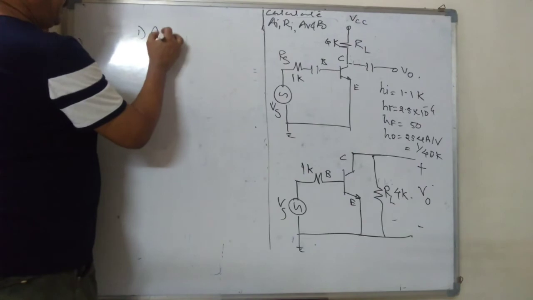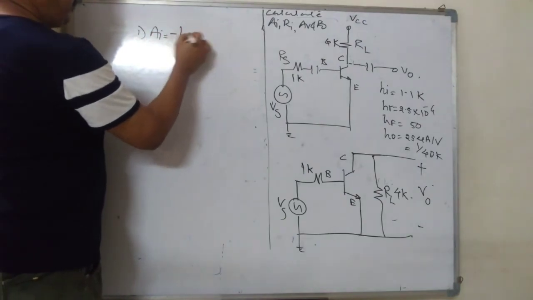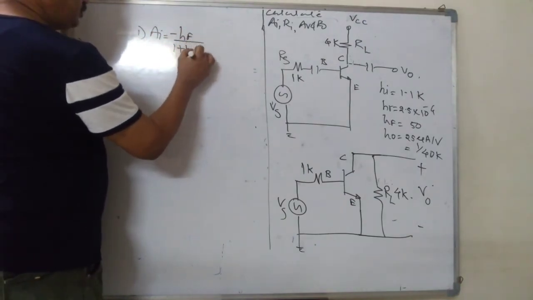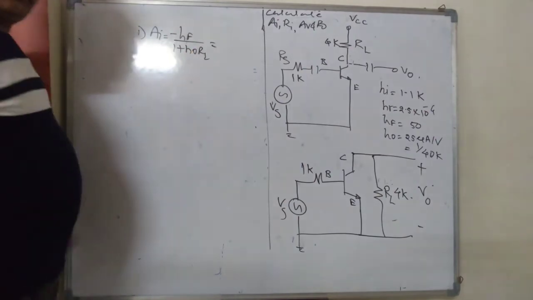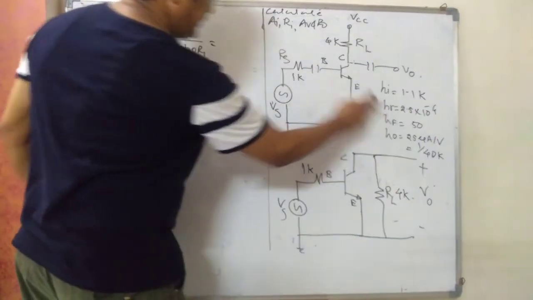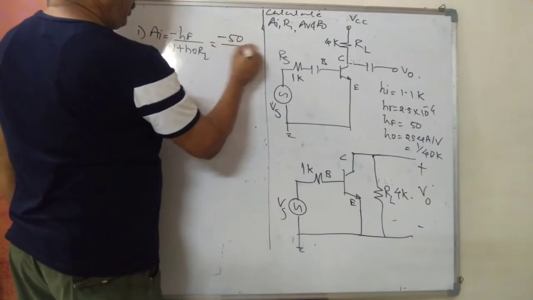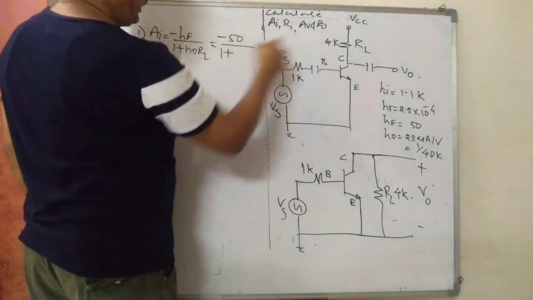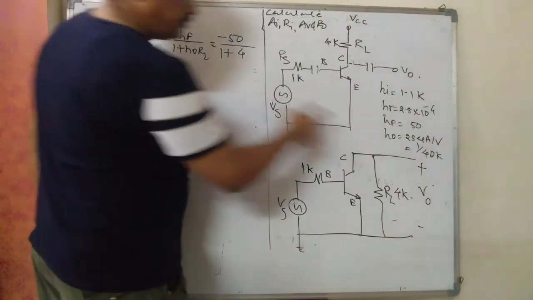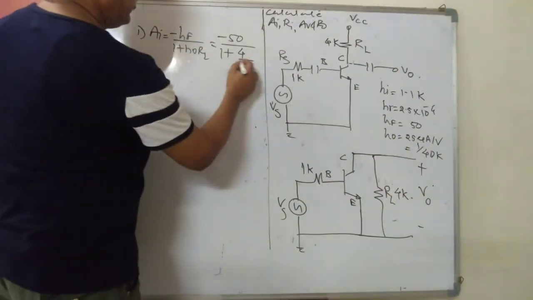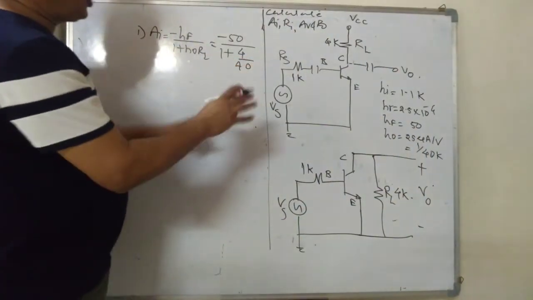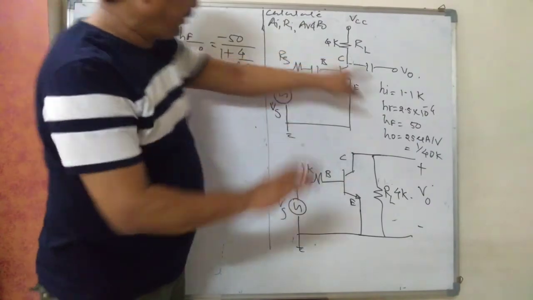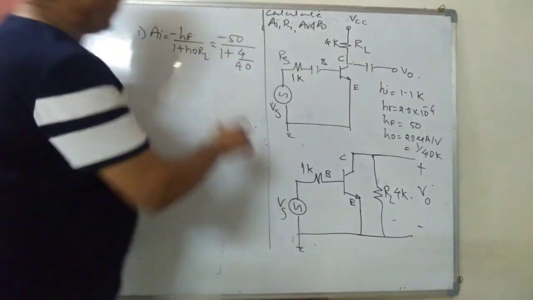First, AI is equal to minus HF upon 1 plus HO RL. Formula: minus HF. This is HF, upon 1 plus, RL is 4K, and HO is 1 upon 40K. So no need to convert to 10 raised to 3. 4 into 10 raised to 3, 40 into 10 raised to 3, K cancel.